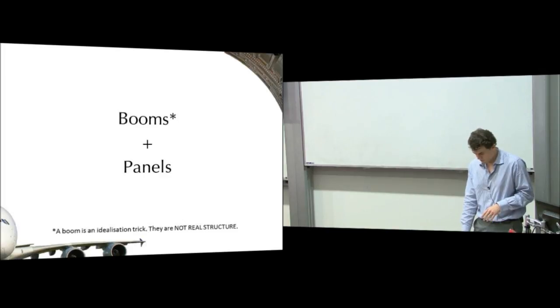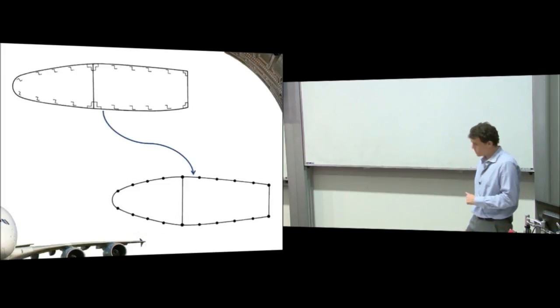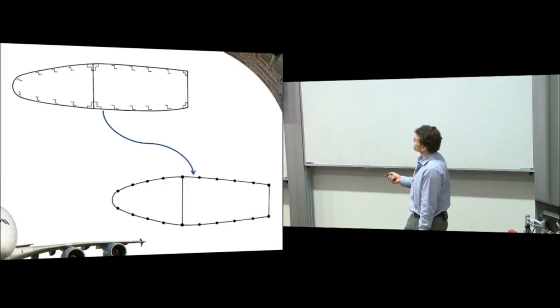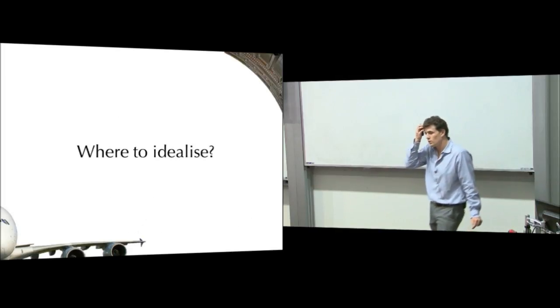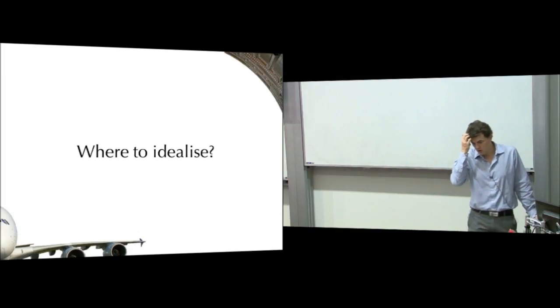Now, if we look back at this for a second, the idealisation that I've shown here actually achieves two things. It takes all the area from the skin and it clumps it into a boom. So all the bits of skin area that are around go into the boom, and so do the stringer areas. So when I ask the question, where do we idealise?